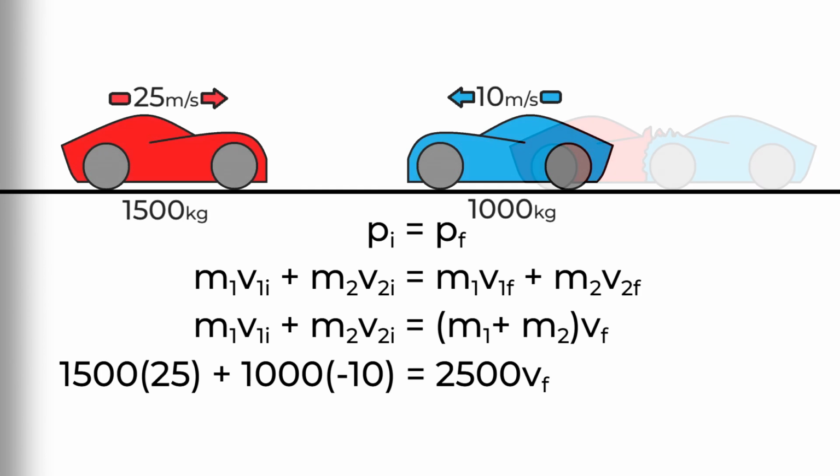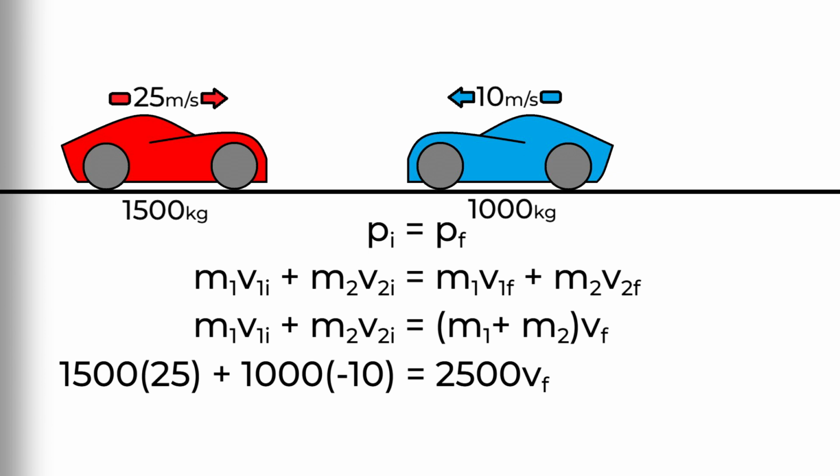Now, plugging in the mass of the two cars as well as their initial velocities, we have a 1,500 kilogram car moving at 25 meters per second. And then we have another car which is 1,000 kilograms moving at 10 meters per second. But a key idea in this problem is that the two cars are moving in opposite directions. Now, momentum is a vector, which means direction matters.